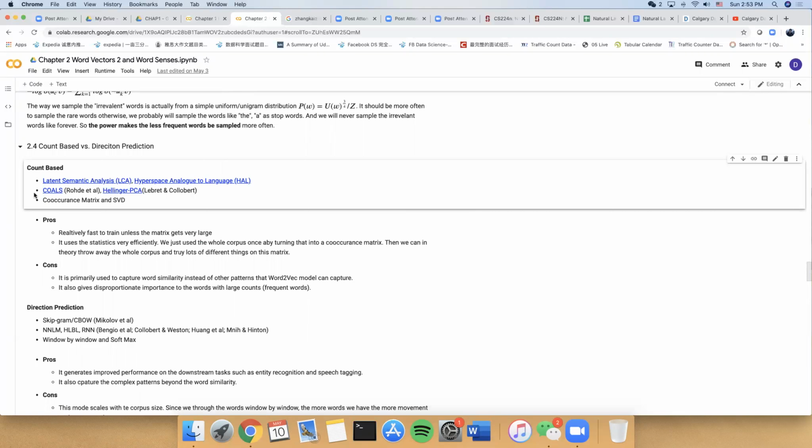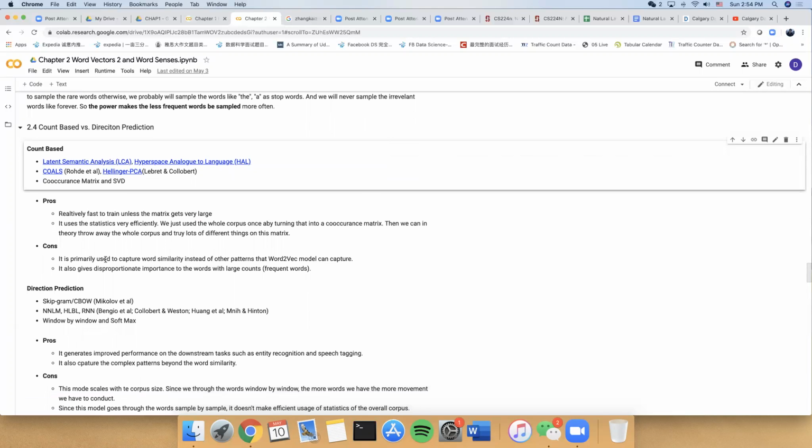I didn't actually go to this specific model because it truly depends what kind of project you're working on. But most of the time, I don't actually use those kinds of models. One reason is that they are primarily used to capture similarity instead of other patterns.